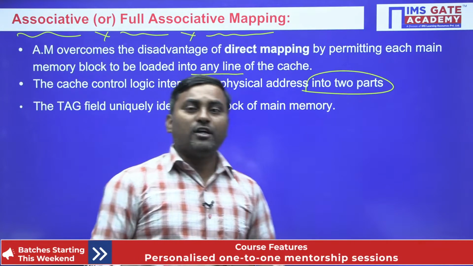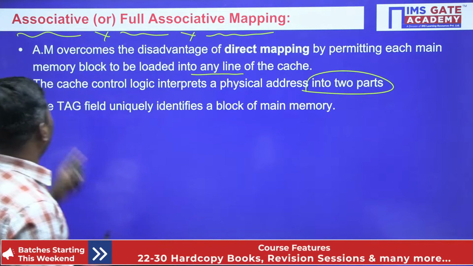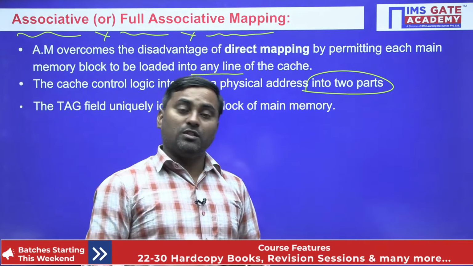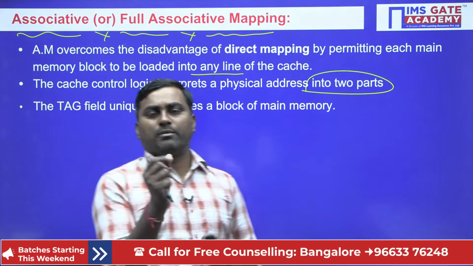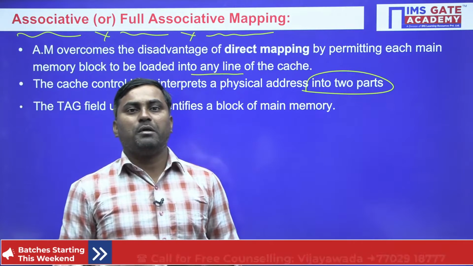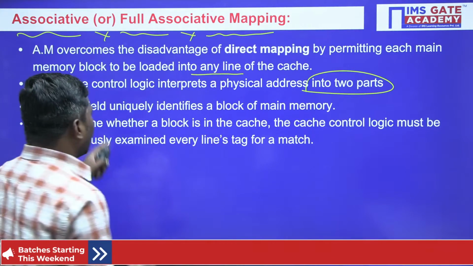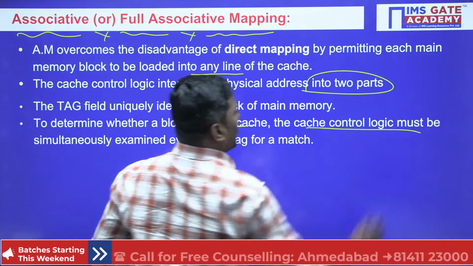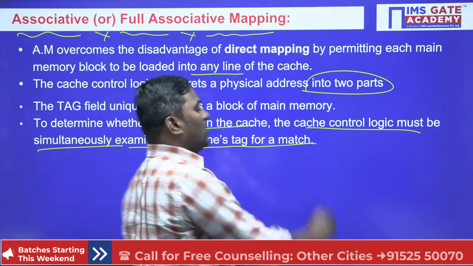The tag field uniquely identifies the main memory block. I'll show this with an example, and you will understand. By using tag bits only, you can identify the block number of main memory. To determine whether a block is in the cache memory or not, the cache control logic must simultaneously examine every line's tag for a match.